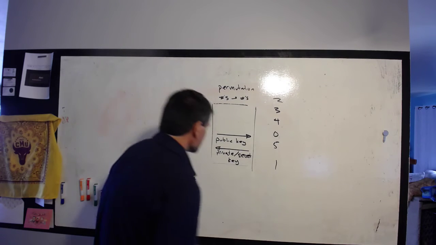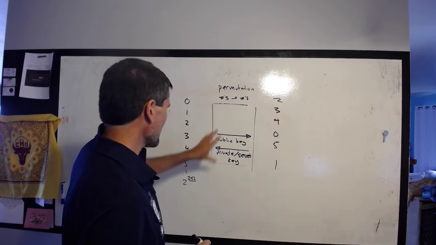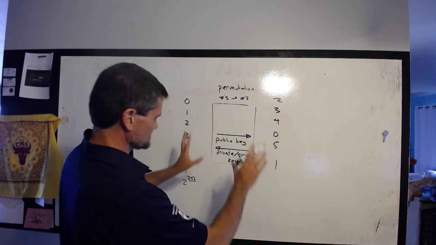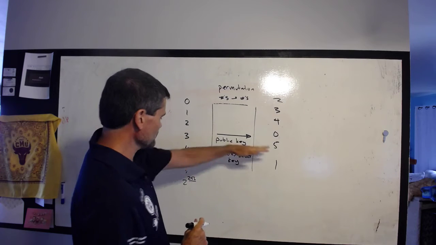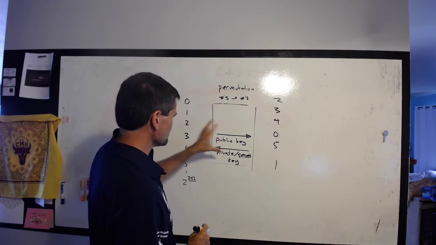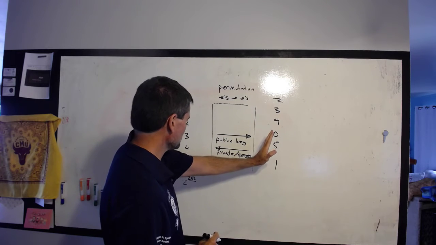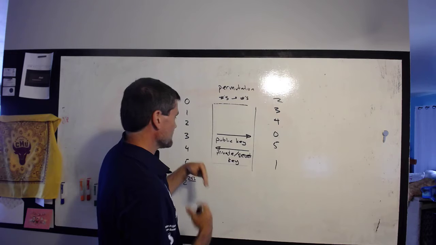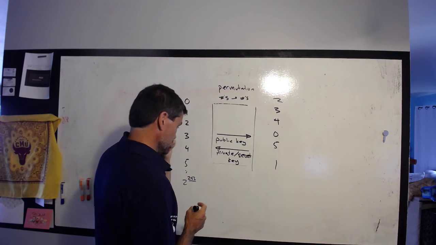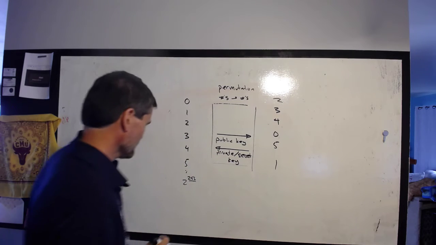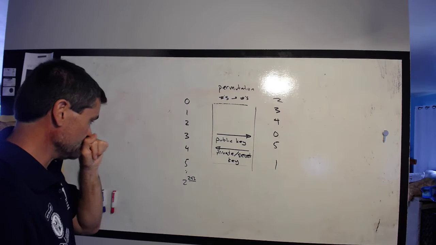Some mathematics of how those work is interesting, but let's just say for the moment that that's true. There are some mathematical ideas where you can put some public information out there that by itself you can't easily reverse, okay?